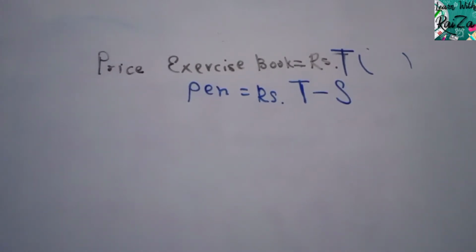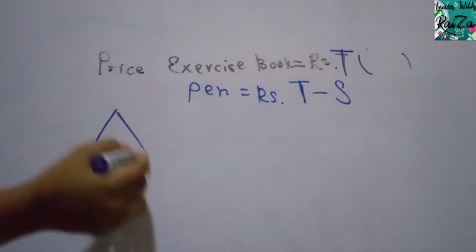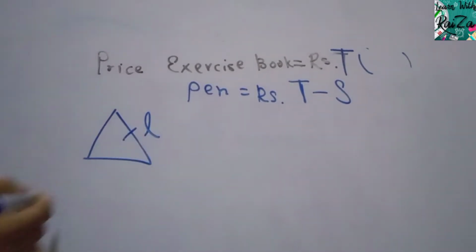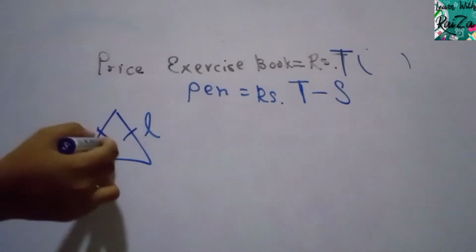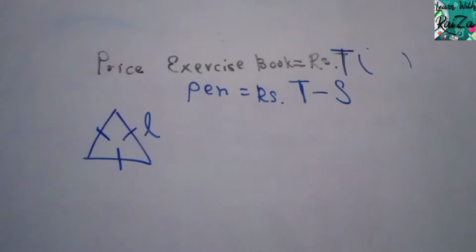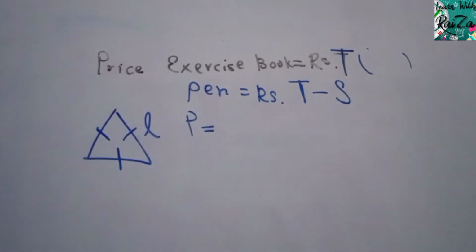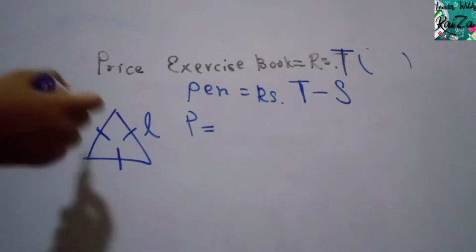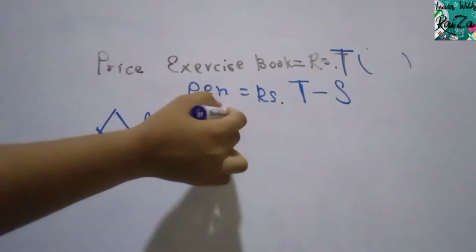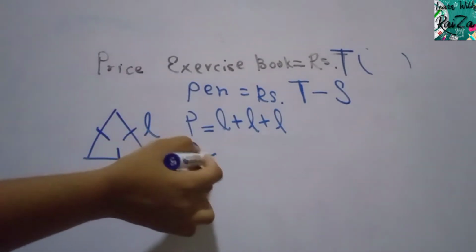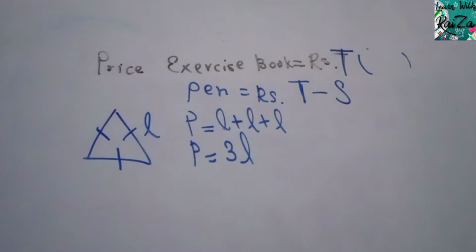Now if I give you another question, like finding the perimeter of an equilateral triangle where the length of a side is L. Equilateral means all three sides are equal. The perimeter is the sum of the lengths of the outer part: length plus length plus length. In other words, perimeter is equal to 3L in an equilateral triangle.